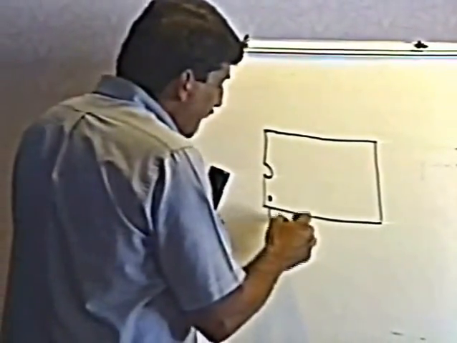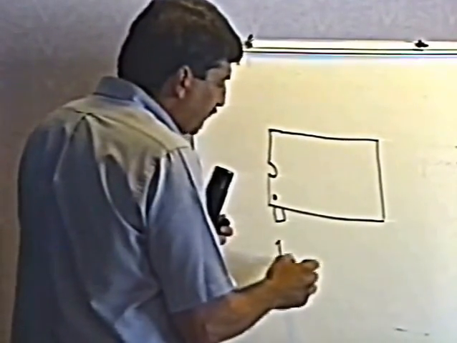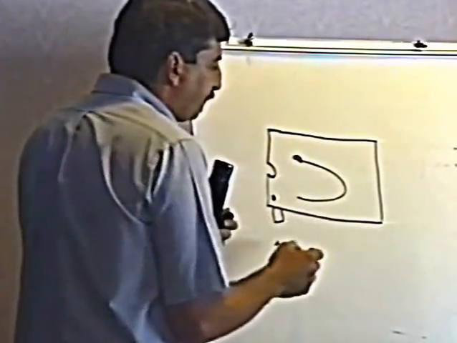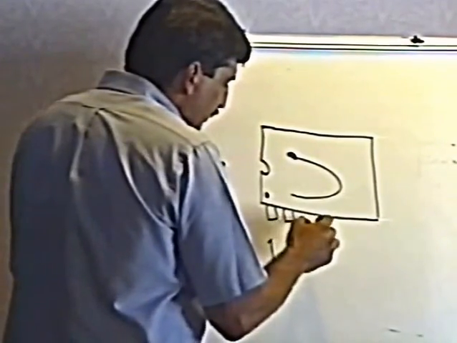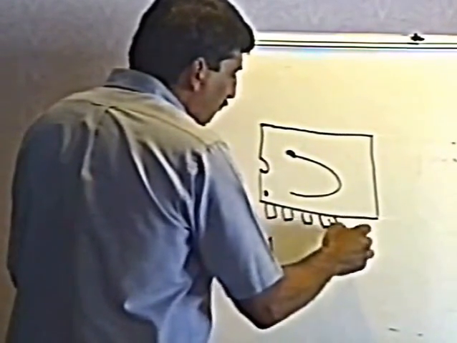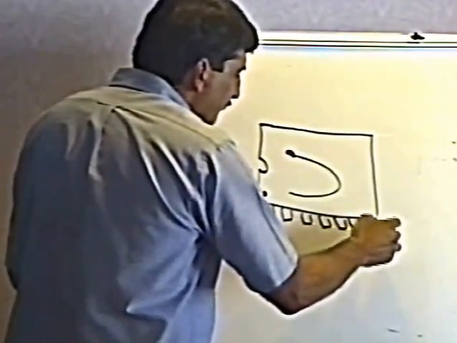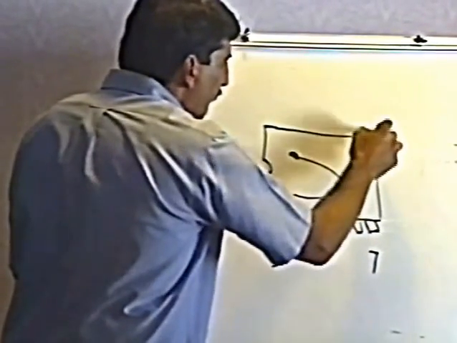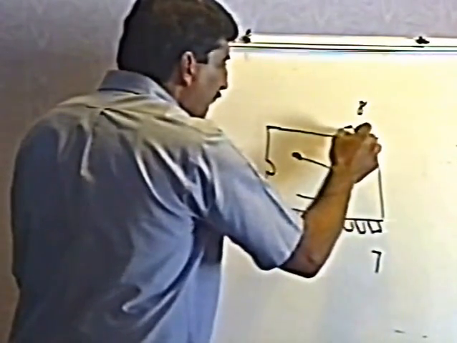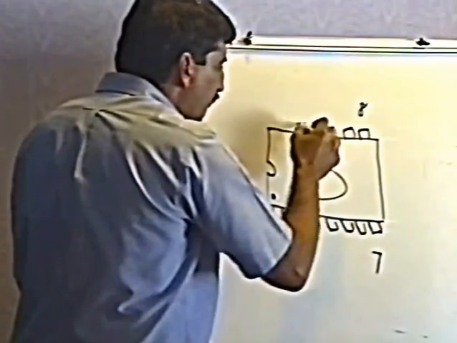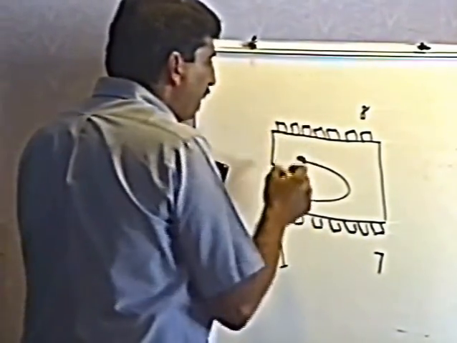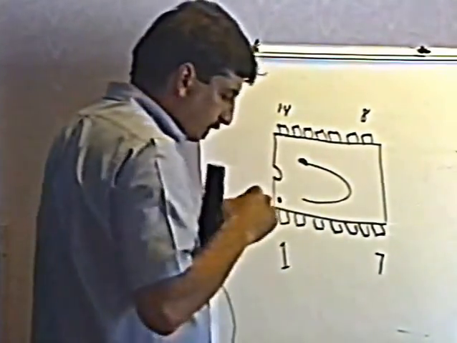And this denotes this as pin number 1, and the pins are numbered counterclockwise. So for instance, 1, 2, 3, 4, 5, 6, this would be pin 7, pin 8, 9, 10, 11, 12, 13, 14.